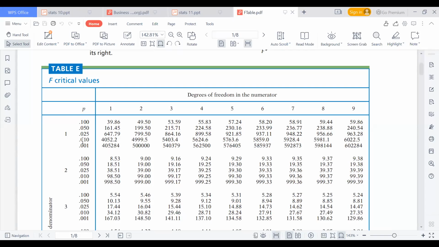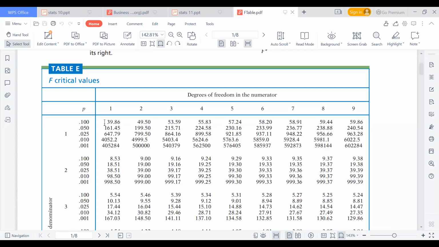So here, one of our tails is 0.01, so you'll be concerned with this one. Everything here is repeated. The reason why these values are repeated is that it gives us all possible levels of alpha, as well as all possible degrees of freedom.